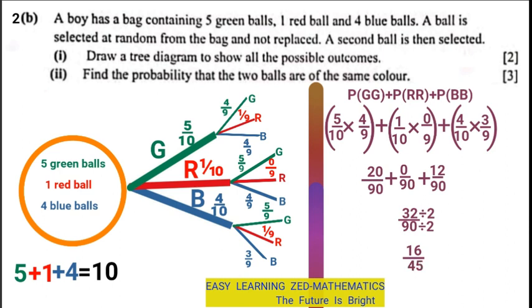So 16 over 45 is the probability of picking two balls of the same color. Basically, this is the way you are supposed to answer question 2.